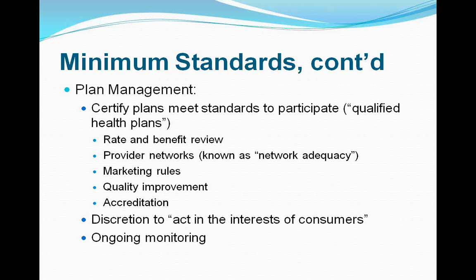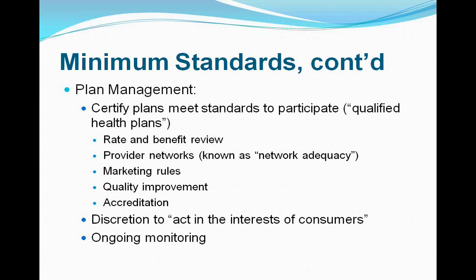This is called network adequacy, that they meet marketing rules so that they are not misrepresenting what they're offering in the plan or marketing in a way that discourages sicker people from enrolling in their plans and encourages only the healthy. So, for example, they can't just sell their plans in gyms located on the second floor of buildings without elevators.